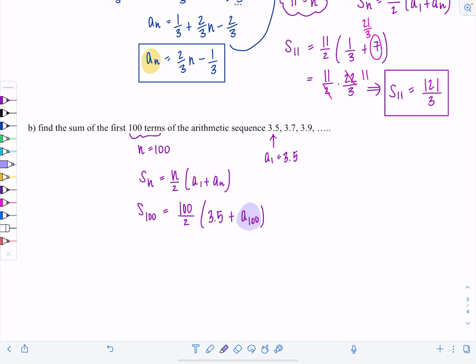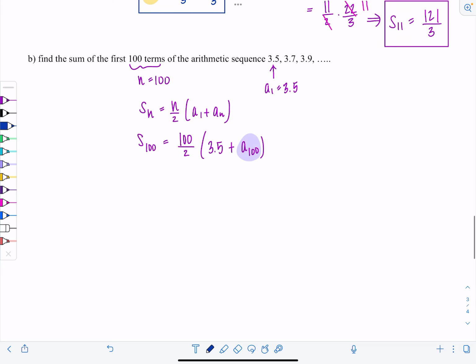Okay. So we've got to figure out what is the 100th term. We've got two options. You can sit there and keep adding the common difference till you get to the 100th term. You want to do that? I don't. I would rather use the rule for figuring out the nth term. Remember, an is a1 plus n minus 1 times d.